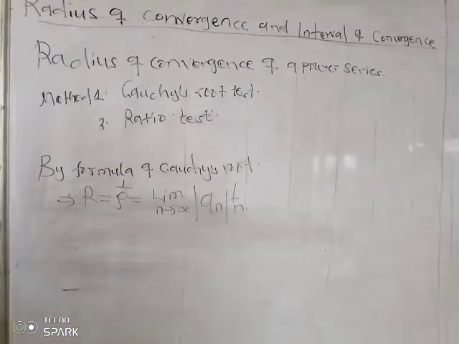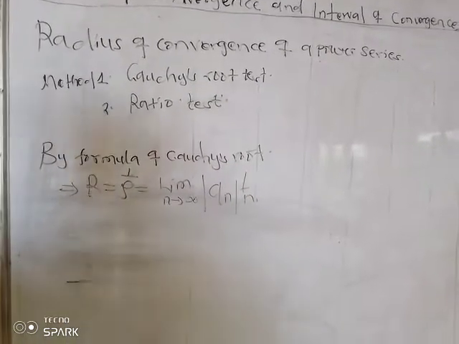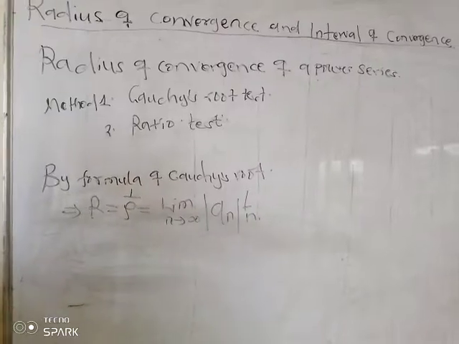That is rho. This formula will give us directly the radius of convergence of a power series.